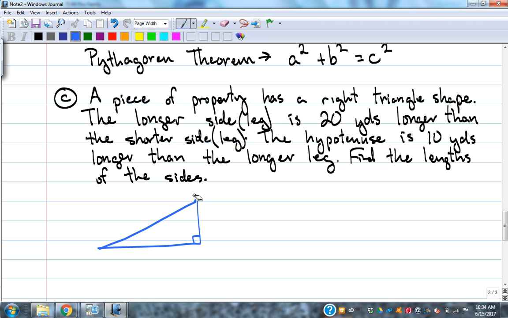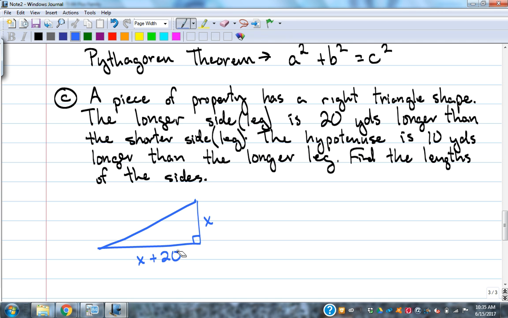Based on the information they've given me, the longer leg is 20 yards longer than the shorter side. Whatever the shorter side is, we don't know what it is, we can call it X. But this longer leg is 20 yards longer than that, so that'd be X plus 20. And here's the toughest part of this problem, I think: it says the hypotenuse is 10 yards longer than the longer leg.